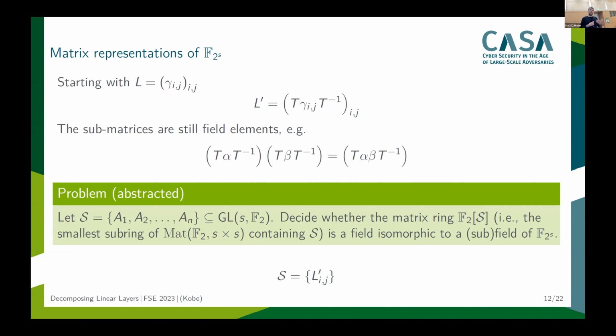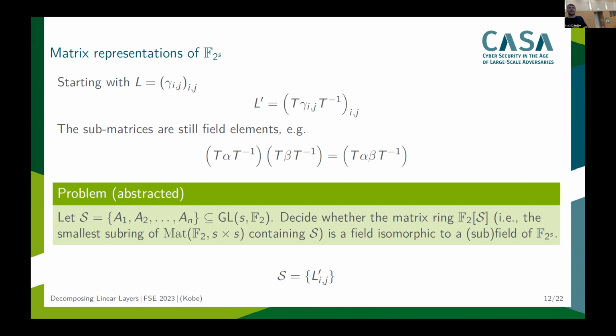I don't give a formal proof here, but it's just conjugating these field elements. You still have the same properties. Just one example: if you have 2 field elements and you modify them this way and you multiply, you get field elements. And this means that we have to do something a bit more clever than exhaustively searching, because even for small sizes, the number of T and T inverses is large.